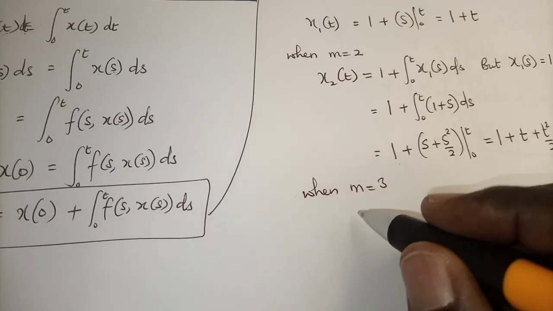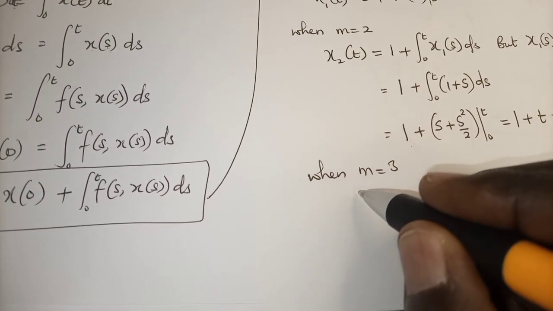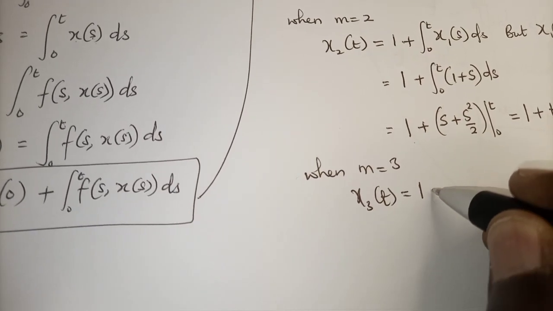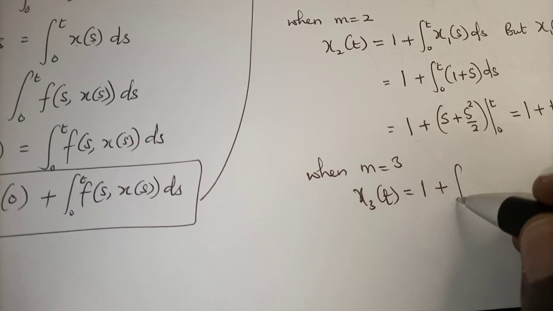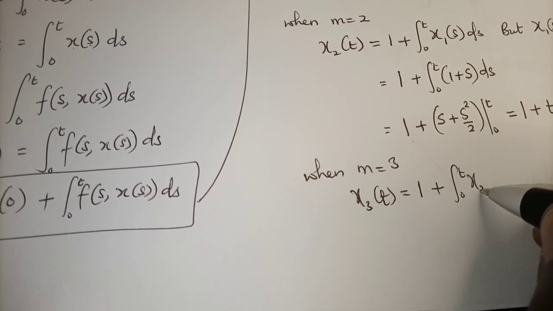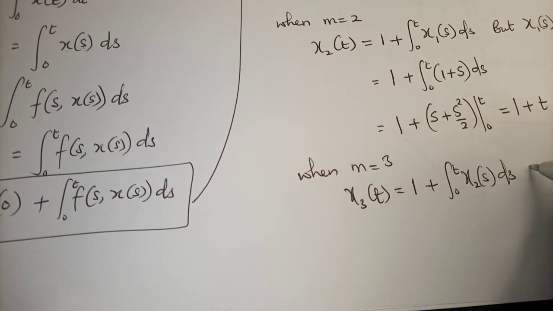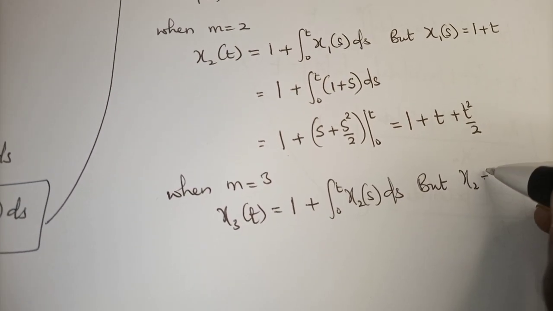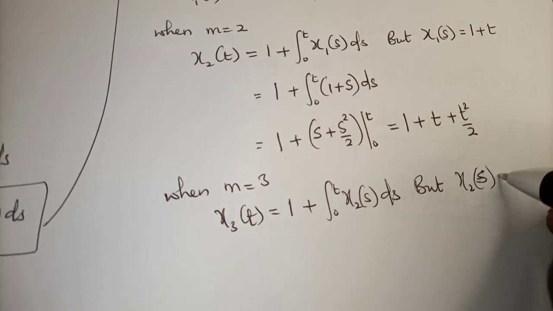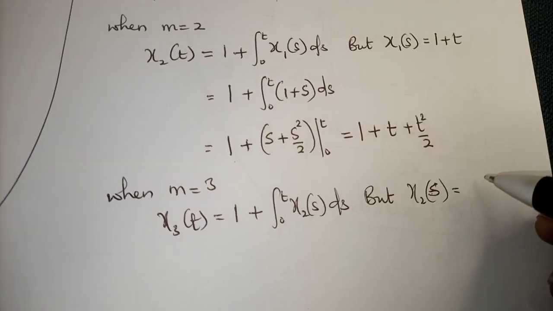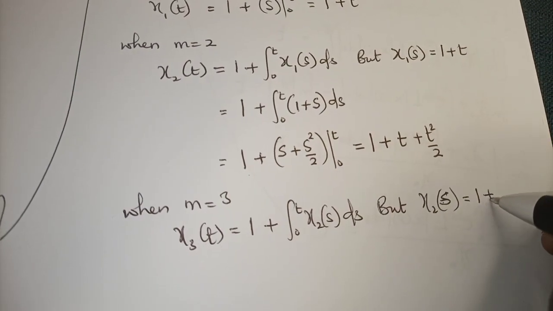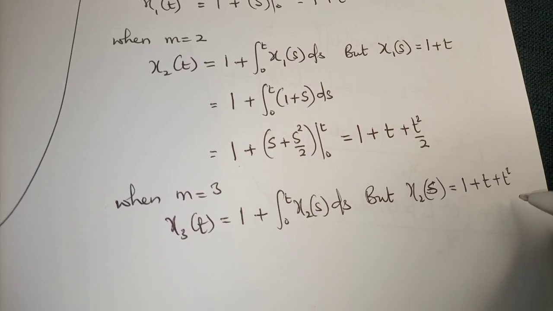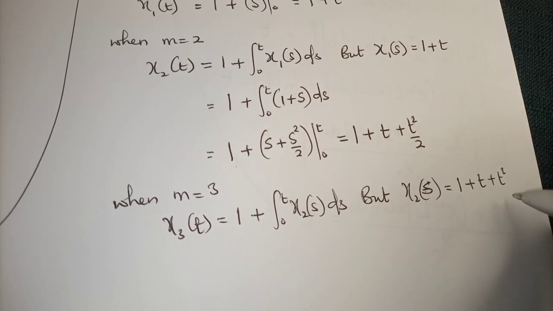So we have x sub 3 of t equals 1 plus the same thing, the integral from 0 to t of x sub 2 of s ds. But we know that x sub 2 of s, which we have up here, is 1 plus s plus s squared on 2.